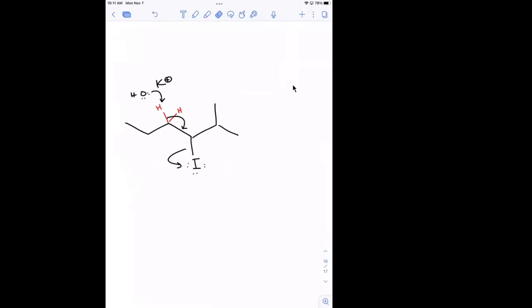But what can you say about the arrows here? What's happening here? Anybody?